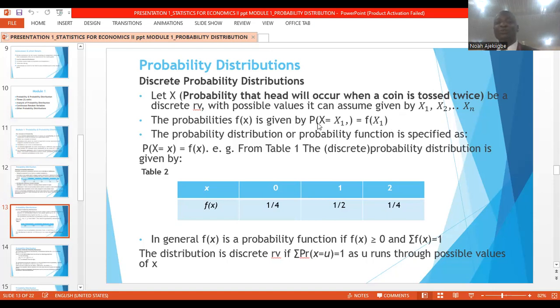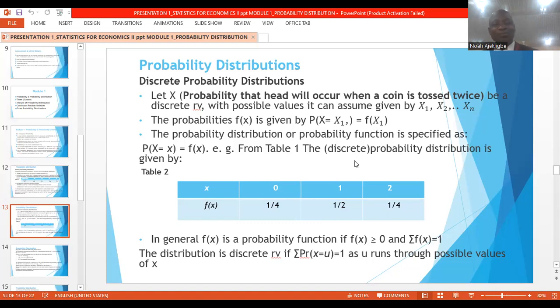Like I told you the other time, the random variable itself is denoted by capital X, so the value that it assumes is x. It can be 0, it can be 1, and it can be 2. And the f of x that you have is the probability. There are different probabilities associated with each of those values of the random variable. You saw 1/4, 1/4, and 1/4, the probability that head will occur when you toss.